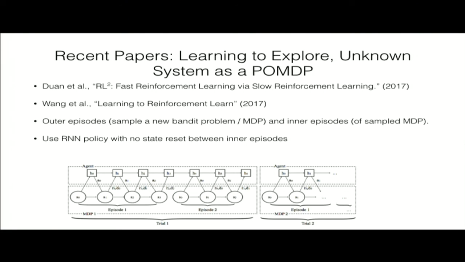So you can use a recurrent neural network policy where you don't reset the state at the boundaries of the inner episodes. And this policy receives the reward in addition to the observation and the actions. Usually when people use RNN policies, they don't pass in the reward. But by passing in the reward, you can ensure that it's actually identifying the system over the first few trials of the inner MDP.